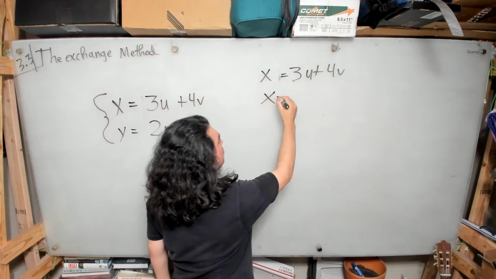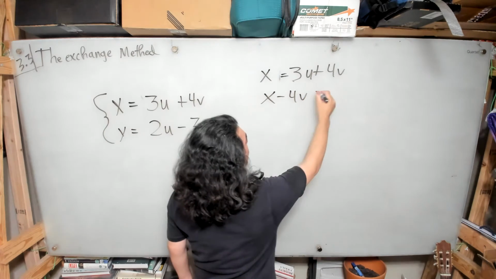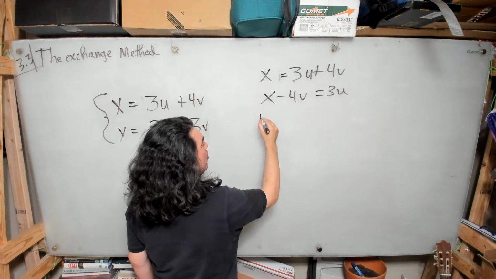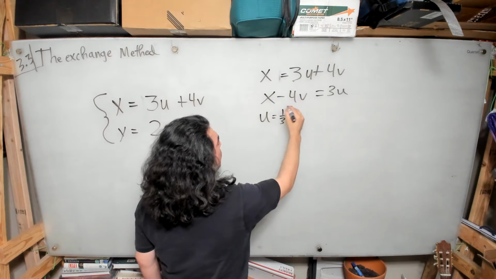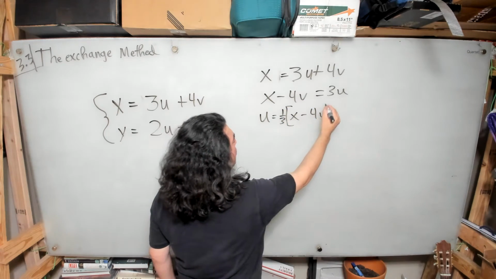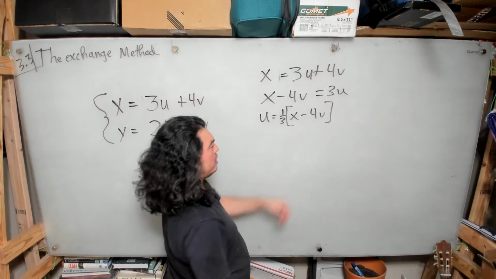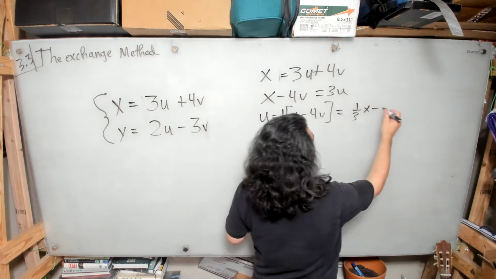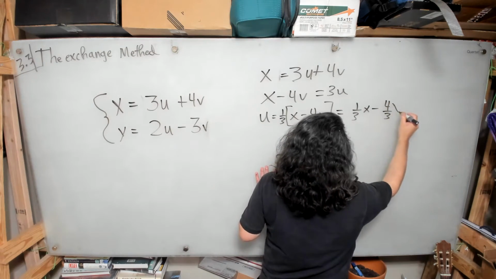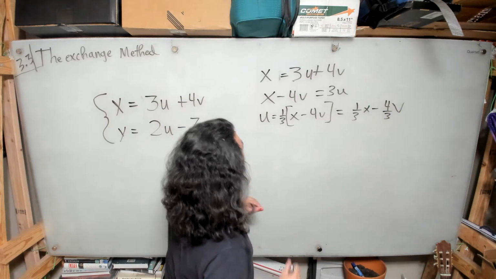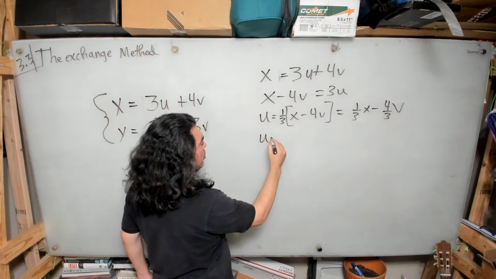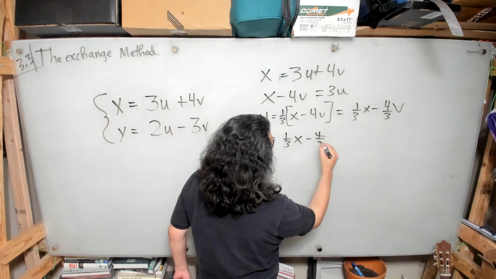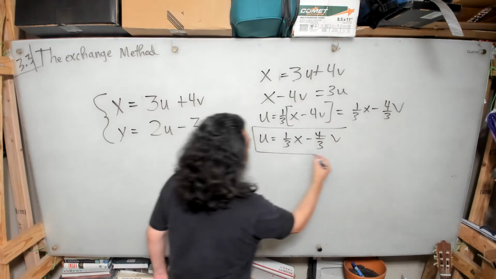So I would get x minus 4v equals 3u, and dividing both sides by 3, I would get u equals 1/3 times x minus 4v, and then distributing the 1/3 inside, I would get 1/3 x minus 4/3 v. Okay, and so let me just rewrite this neatly. So u is equal to 1/3 x minus 4/3 v.